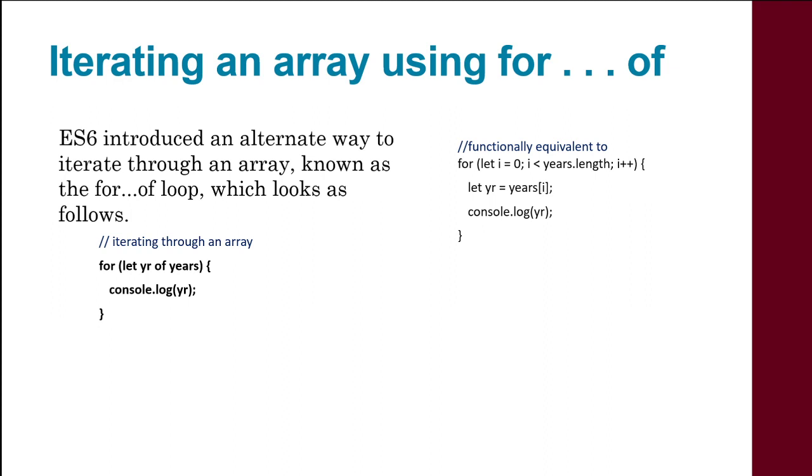So as long as I is less than the length of the array, and then add 1 each time, let the variable year equal years, which is our array, at the value of I. So on the first loop, I is set to 0, and then write that out in the console. So much easier, right?